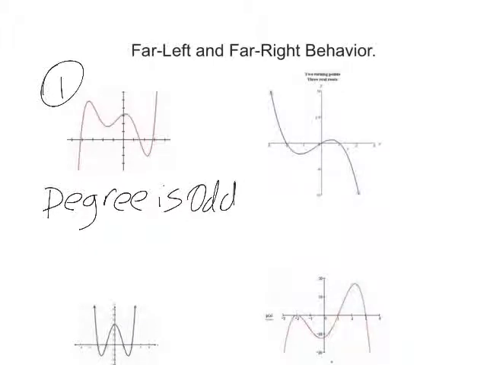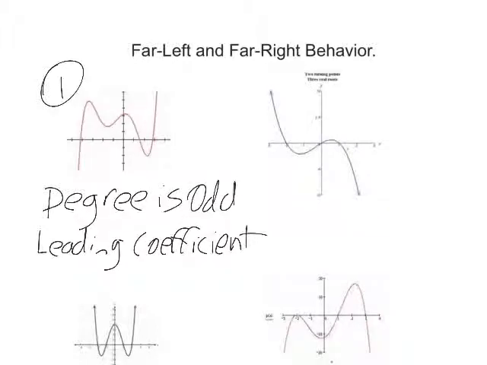If the left-hand side goes down and the right-hand side goes up, that's telling you that the leading coefficient is positive. So it is that leading term, the degree term, that tells you what the end behavior is.